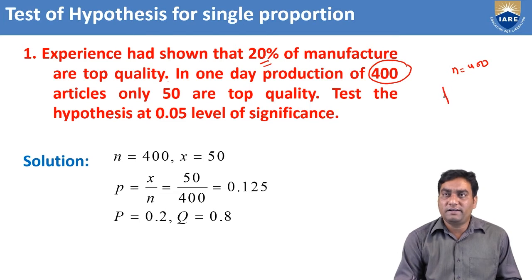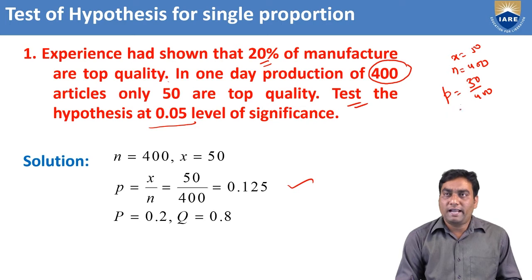The exhaustive events are 50, therefore X equal to 50. Then the sample proportion is 50 by 400 by using the formula X by N, which is 0.125. We are going to test the hypothesis of top quality at 0.05 level of significance.